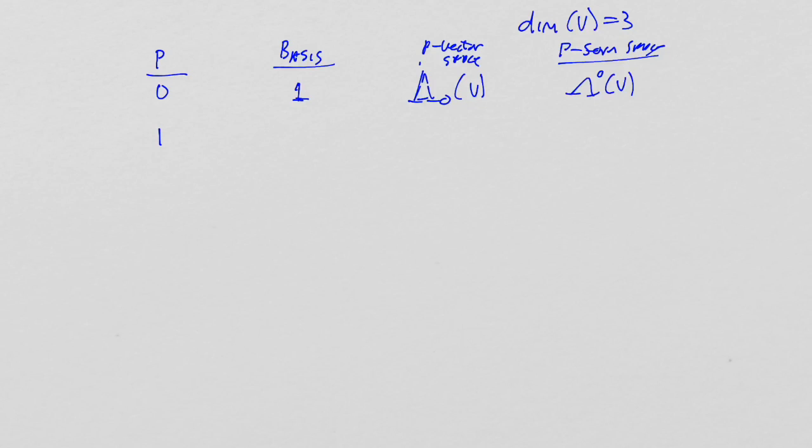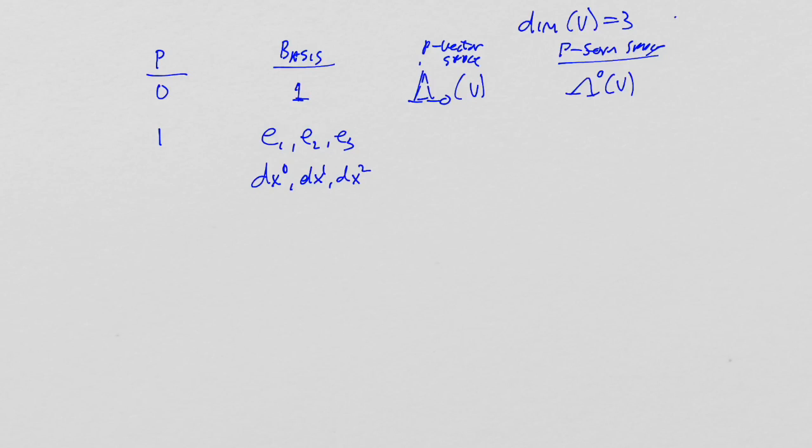When p equals 1, the basis for the p vector space is going to be E1, E2, and E3, or if we're using the coordinate basis, dx0, dx1, dx2.